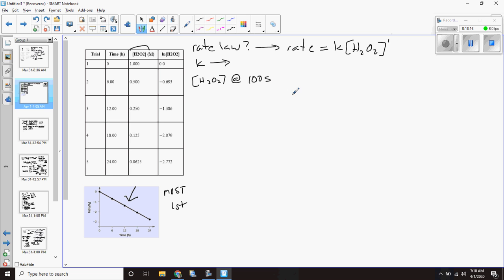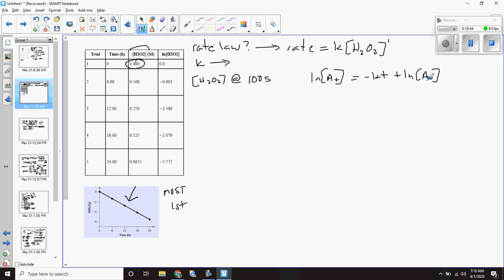So the next thing is get busy, define rate constant. All right. So we know the expression natural log of A equals negative kt plus the natural log of A0, and the more times you write it, the better you're going to get at remembering it. So you have to find out what A0 is, and A0 is just the concentration of hydrogen peroxide at time t equals 0, and then rearrange this equation to solve for k.